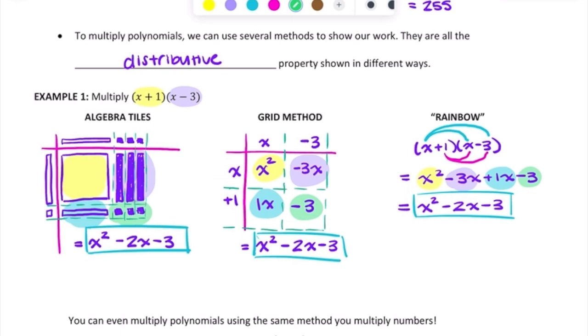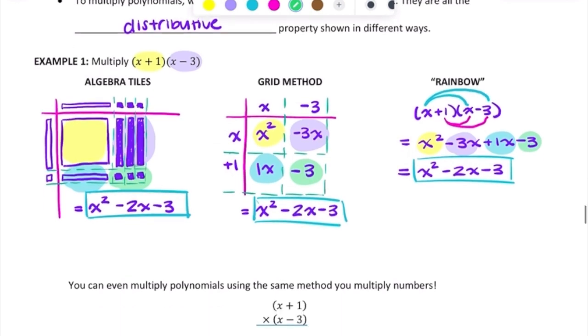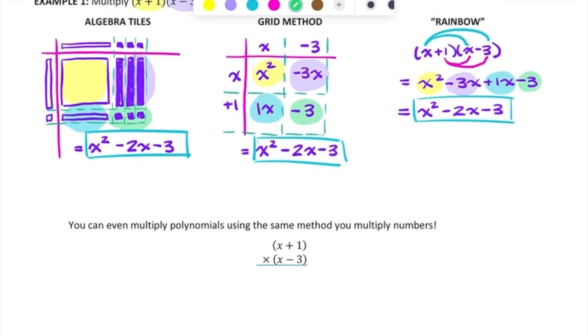Grid and rainbow work all of the time. Personally, I like using grid when I have, let's say, two larger termed polynomials multiplying together. I really like how it helps with my organization. Rainbow method I like to use for those smaller ones, like two binomials or a binomial and a trinomial. Just my own personal preference. And you could have your own preference too.